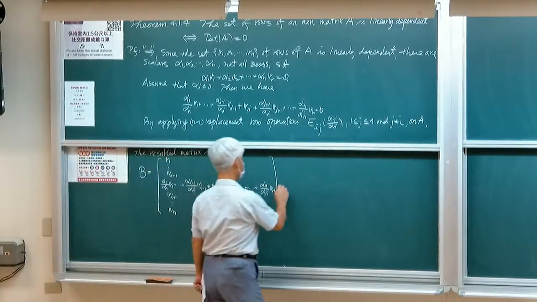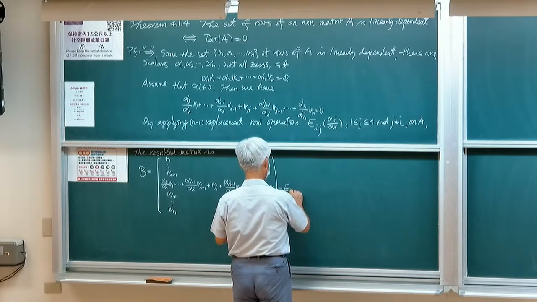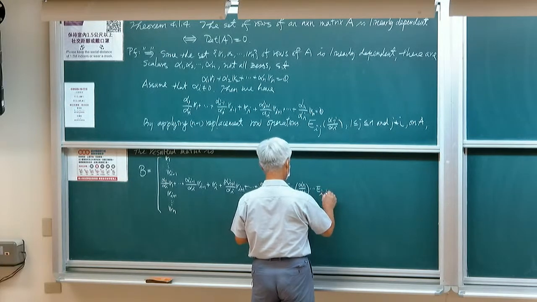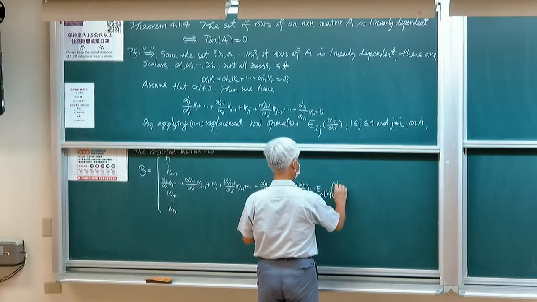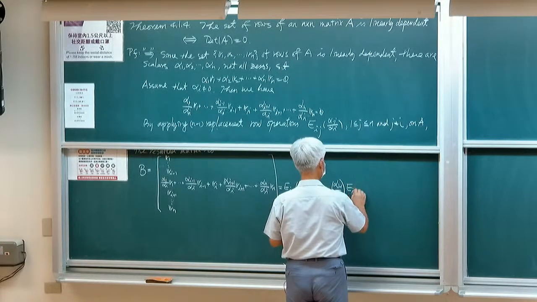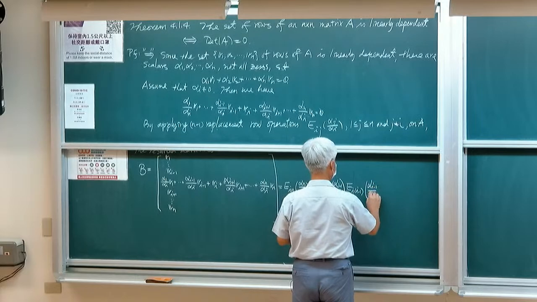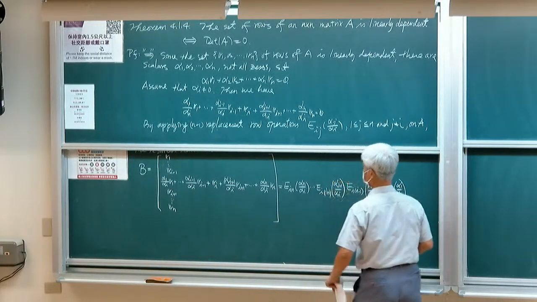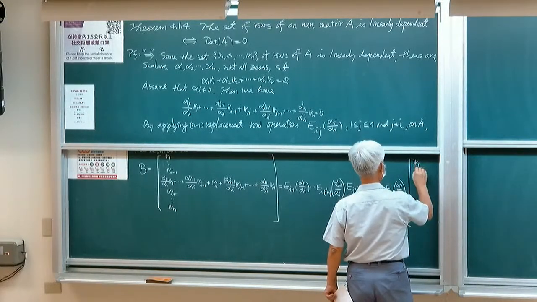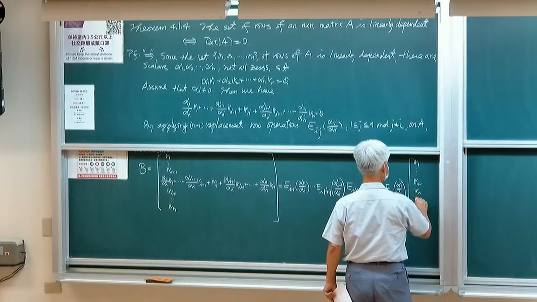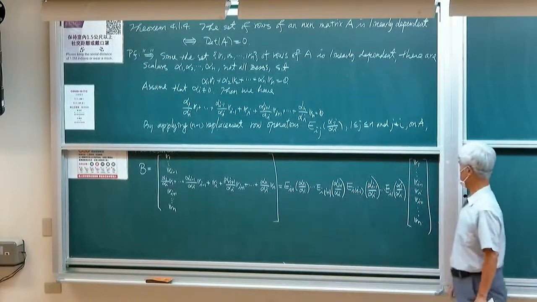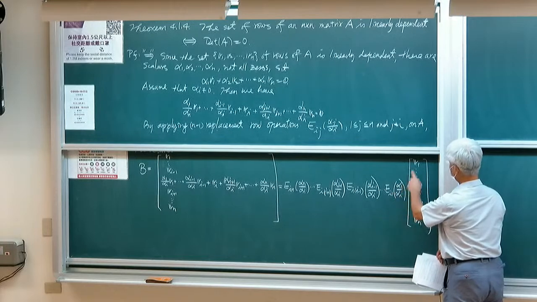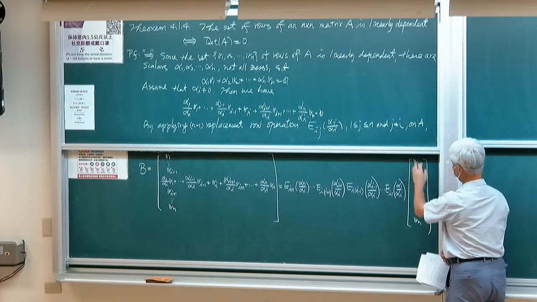So when applying this elementary matrix, we multiply the first row by alpha 1 divided by alpha i and then add to the ith row.